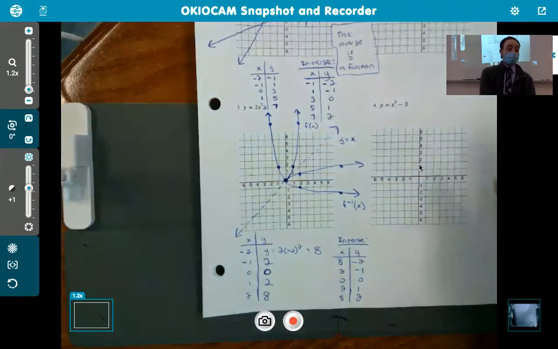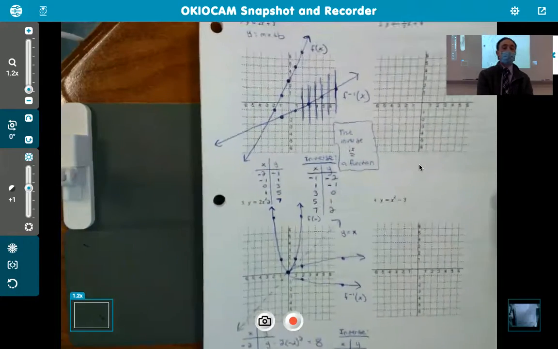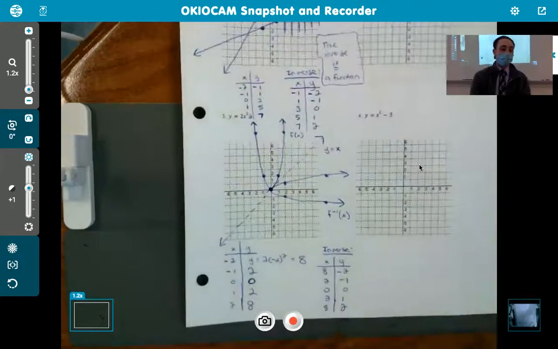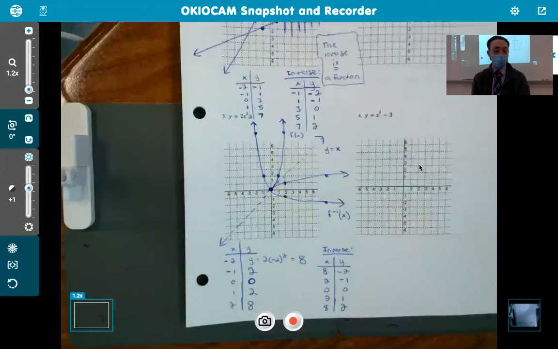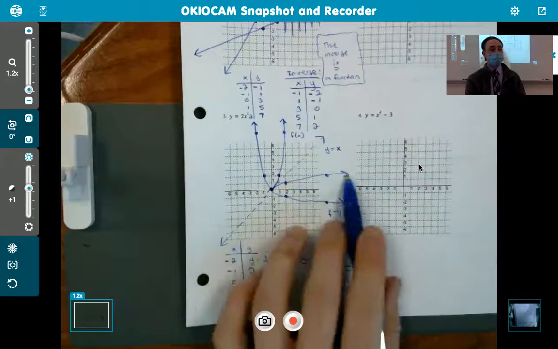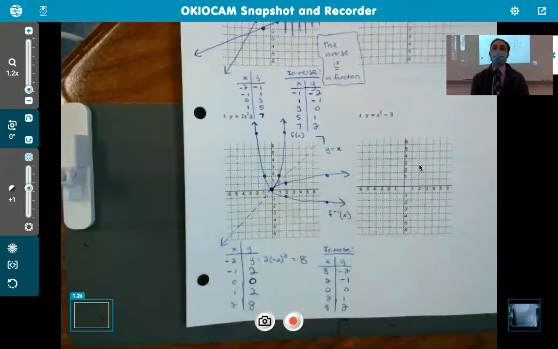That wasn't one of our follow-up questions, but one of our follow-ups is: is this inverse a function? So again, what we're going to try and do is use that vertical line test, go through and determine whether or not that inverse is a function. So if I'm looking at this right here, will this graph pass the vertical line test? No. No, right? Good.